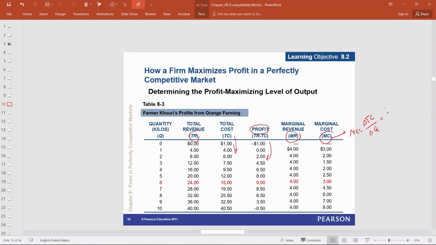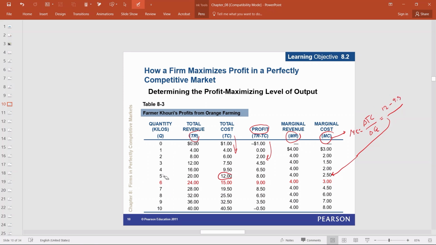So a new level of total cost minus previous level, divided by new level of quantity minus previous level of quantity. If you take any level, for example this one, 2.5, you take total revenue, so 12 minus 9.5.